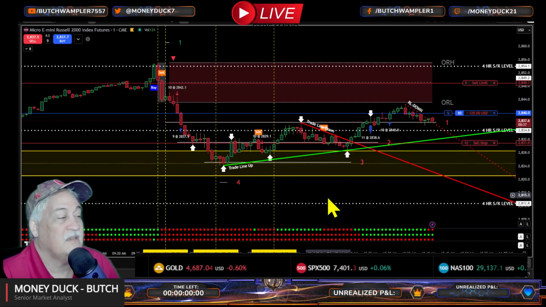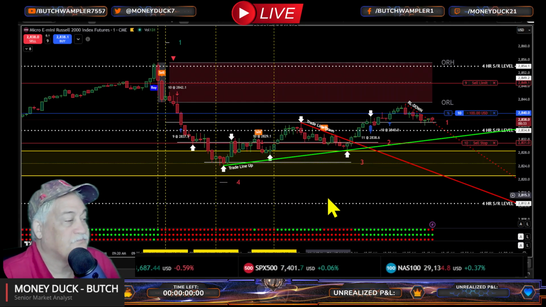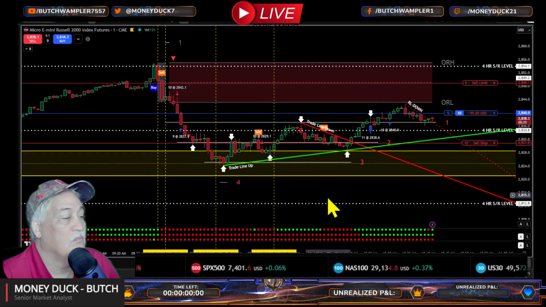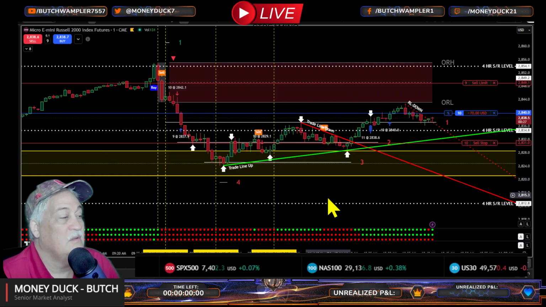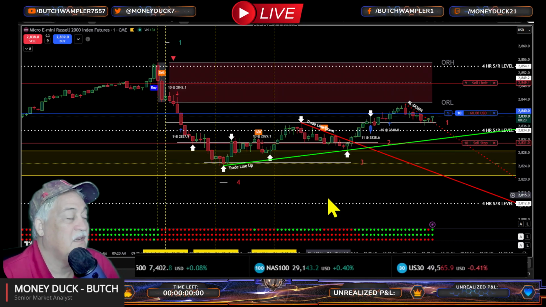Let's see what this candle does. Unless this candle can pop up, it'd be nice giving us a higher low in here. Right here would be nice.